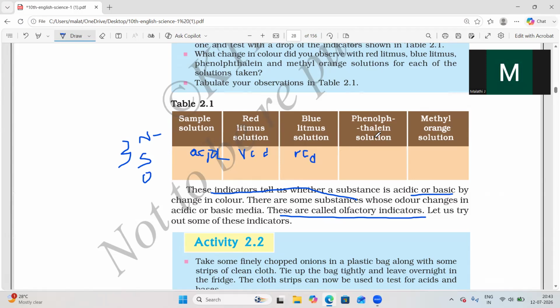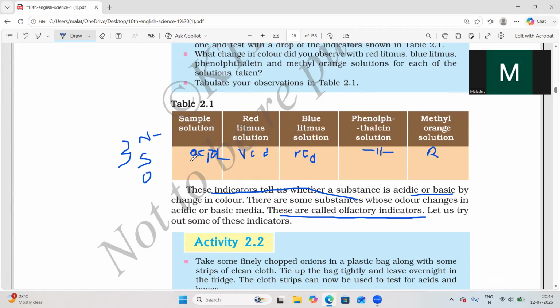Then if we add acetic acid to the phenolphthalein indicator, which is usually a colorless solution, it remains the same, a colorless solution. It will not change its color. If we add acid to the methyl orange solution, it will turn red.